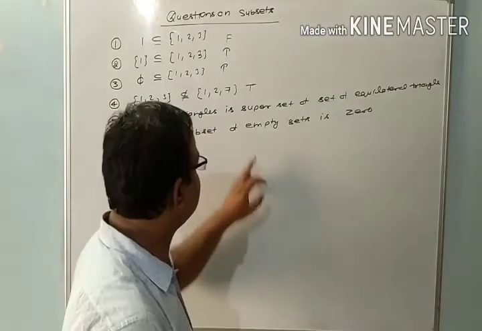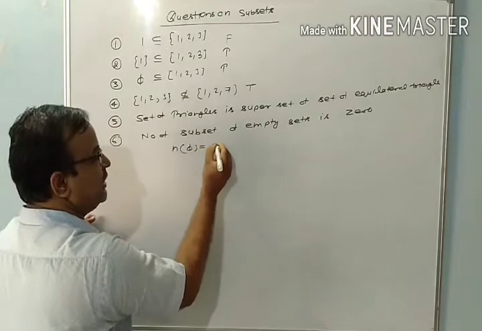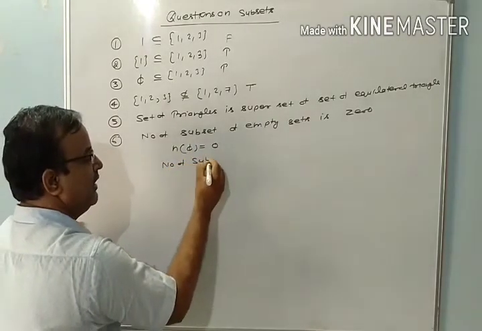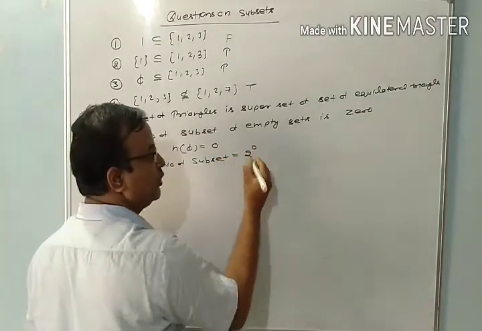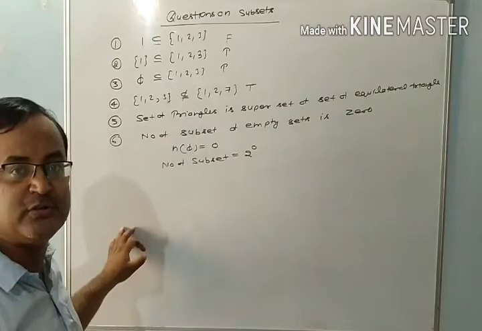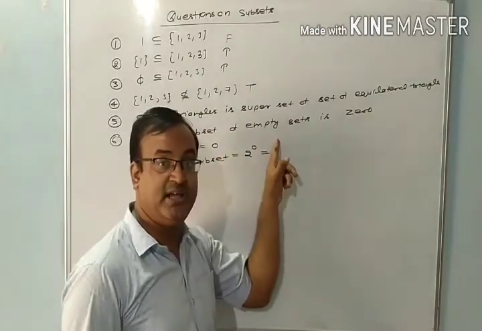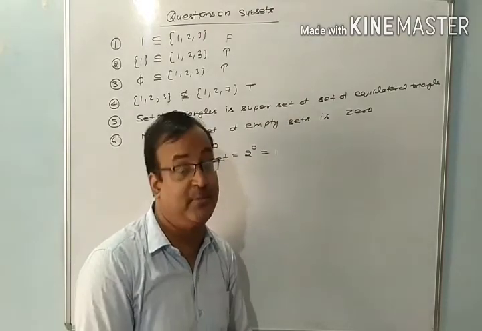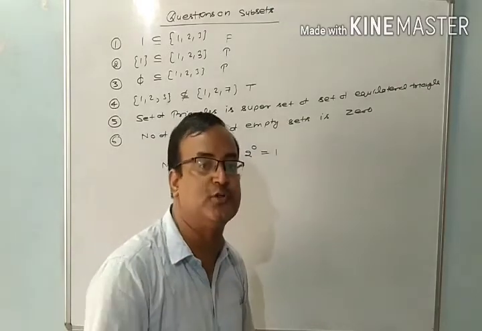If a set is the empty set, then the number of elements in the empty set is 0. So for the number of subsets, we have the formula: the number of subsets is equal to 2 to the power 0. So 2 to the power 0 is 1. That means a set which is empty also has one subset, which is itself. Because phi is a subset of every set, that's why phi is a subset of itself also.